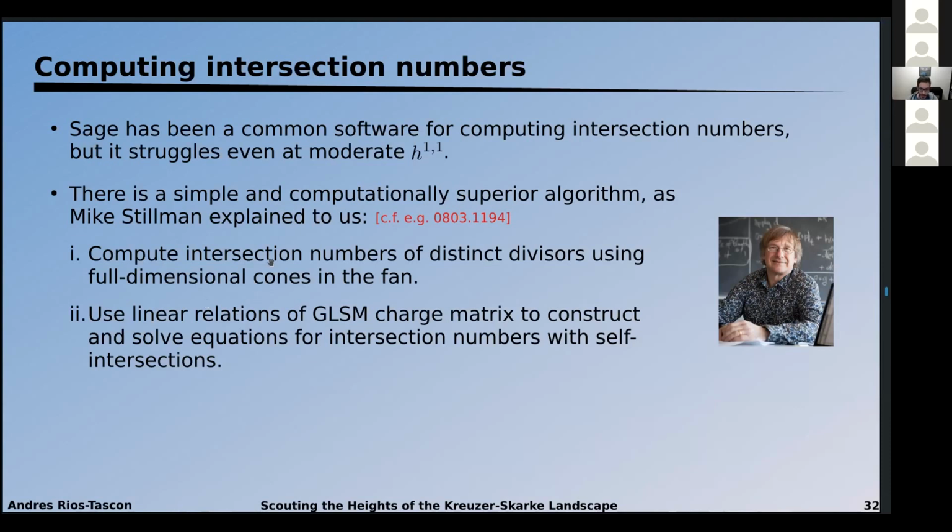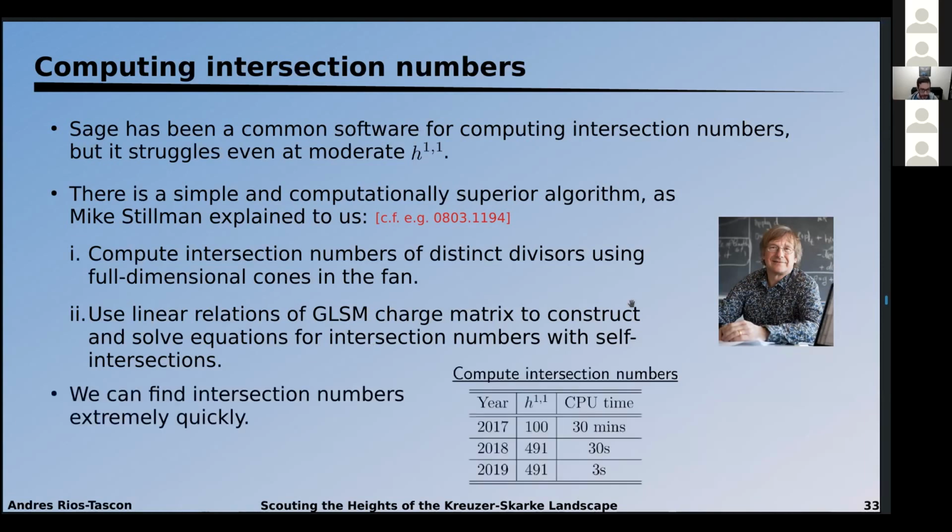We perform lots and lots of optimizations on this algorithm, and the end result is that we can compute intersection numbers extremely quickly. Whereas in 2017, for H11 of 100, it would take us about half an hour to compute the intersection numbers, now for the largest H11 of 491, it takes about 2 or 3 seconds. In fact, I think now it's like 1.5 seconds.